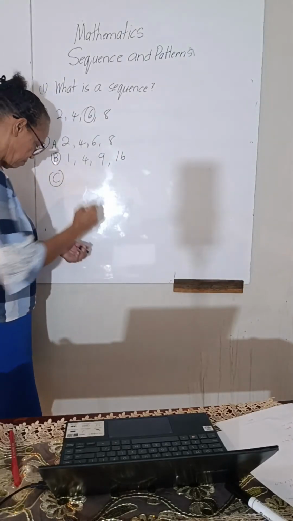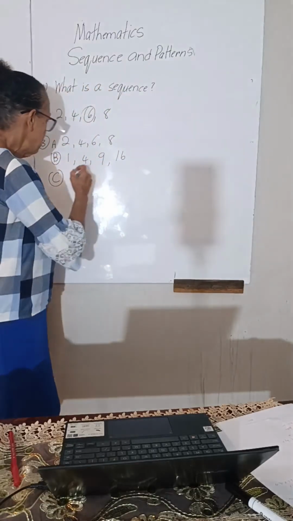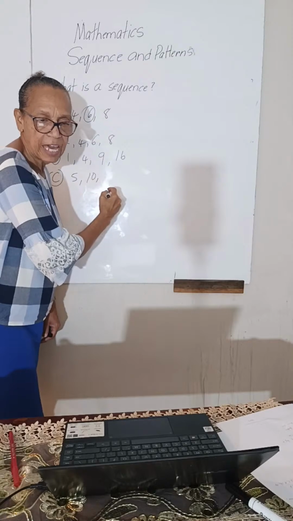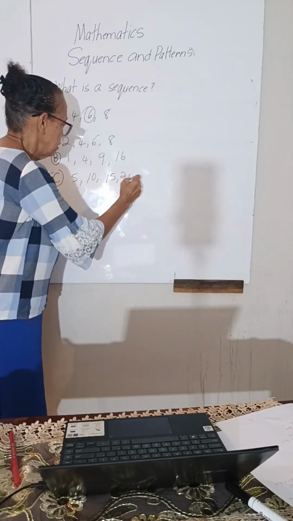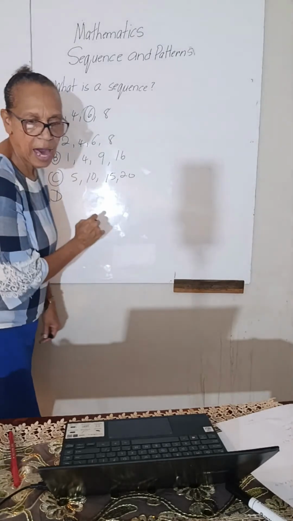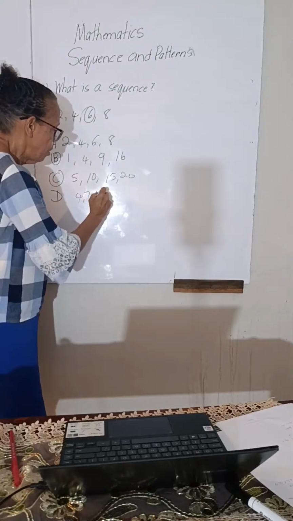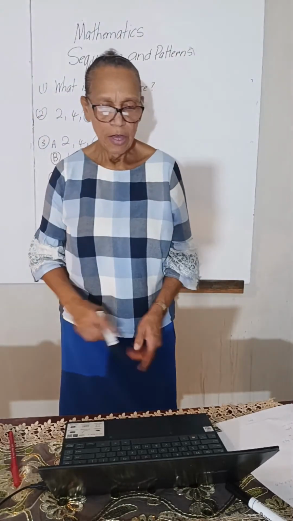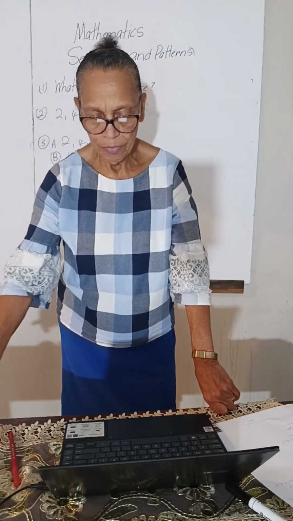C, you have 5, 10, 15, 20. And D, you have 4, 7, 4, 7. All right, so that's number 3. Which sequence shows a square number pattern?